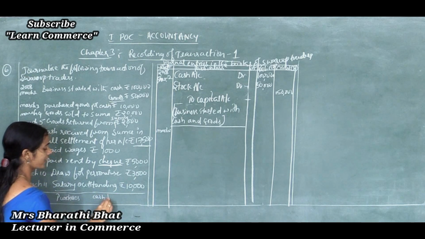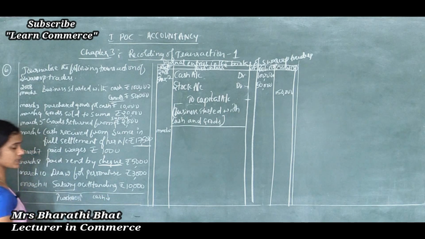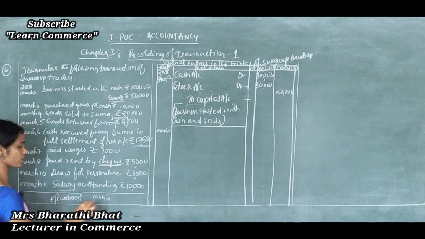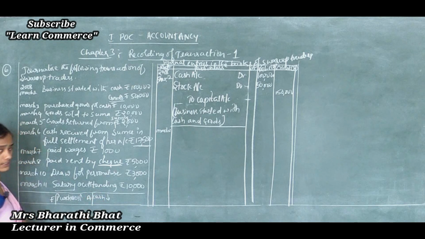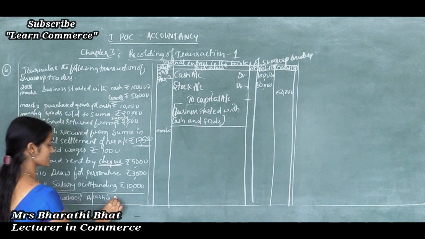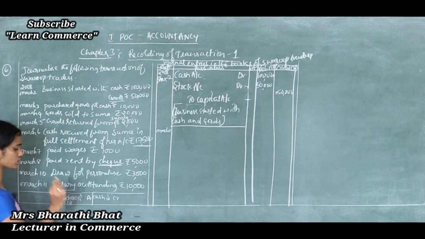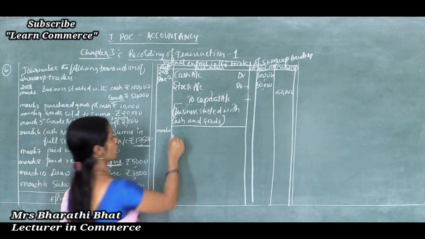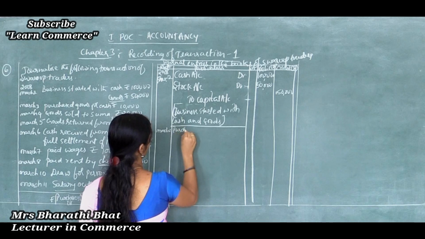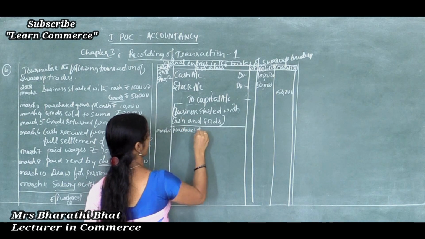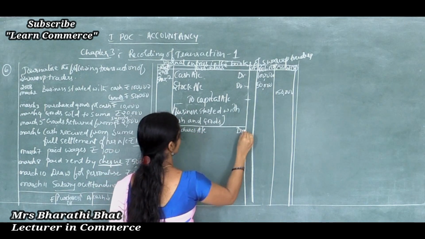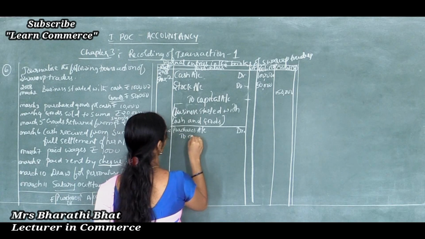So see, purchases and cash. Cash shows decrease, purchase is considered as expense, increase in value. Cash comes under asset, decreases in asset is to be credited, increases in expenses is to be debited. So, purchases account debited to cash account.